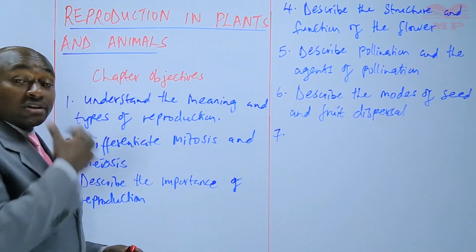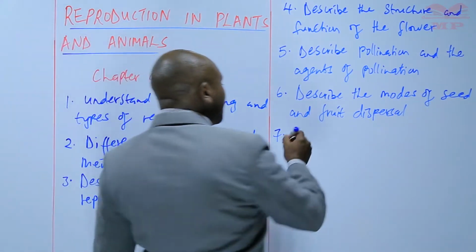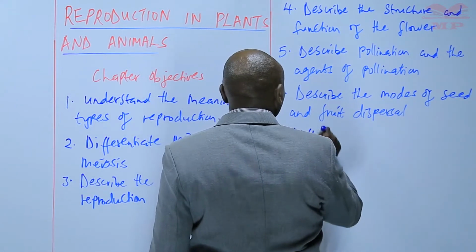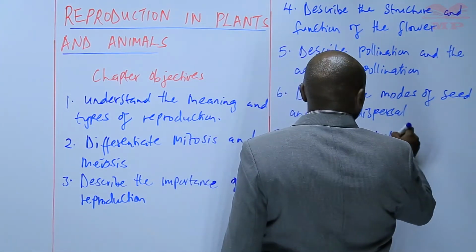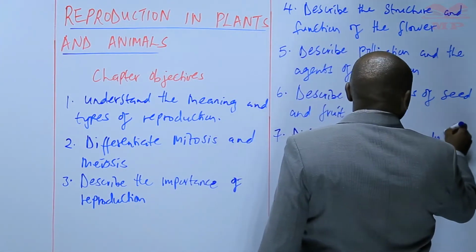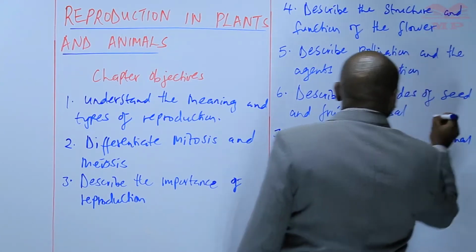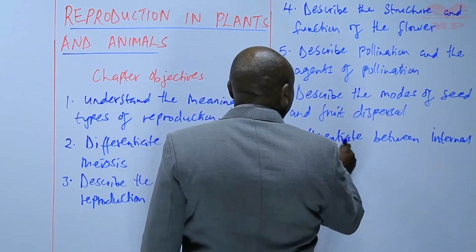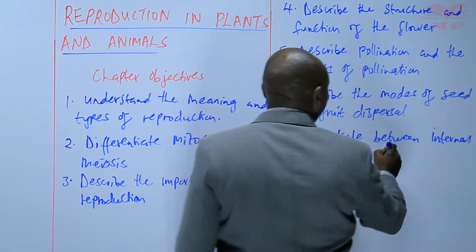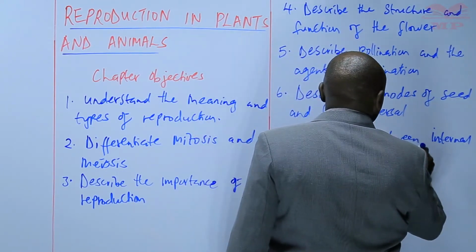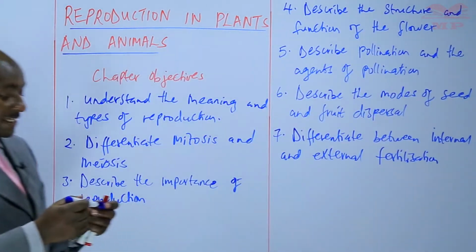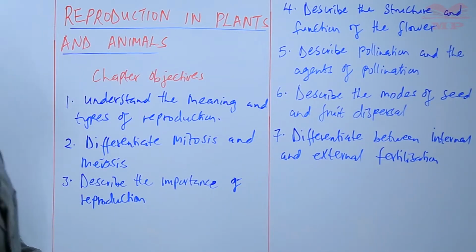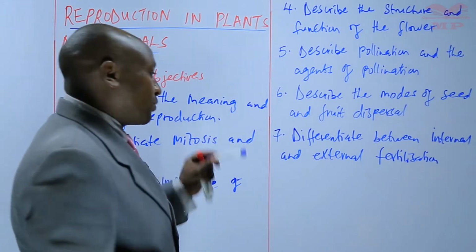And the first thing about the animals, we need to differentiate between internal and external fertilization. That is in animals.